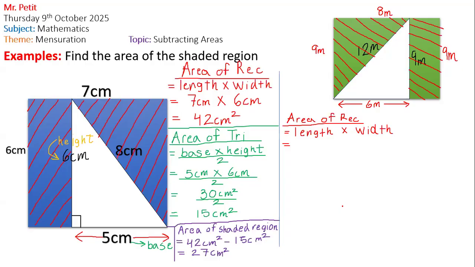Go ahead, Joshua. What is the length of this rectangle? 9 meters. 9 meters, very good. And what is the width?